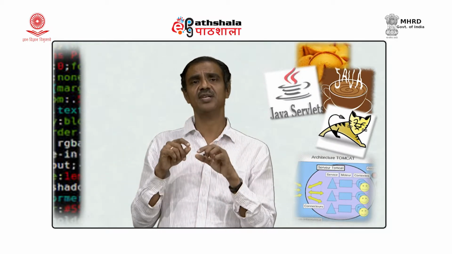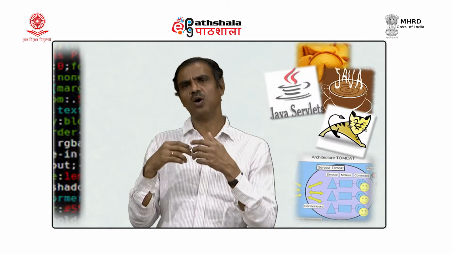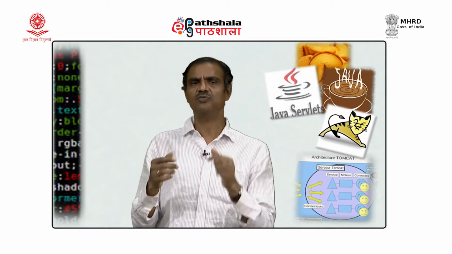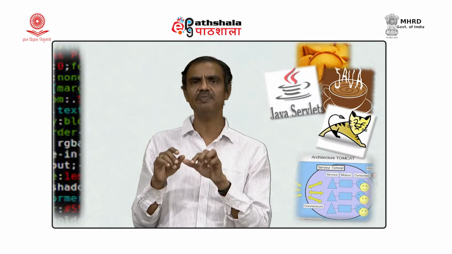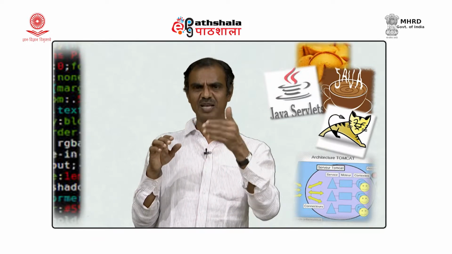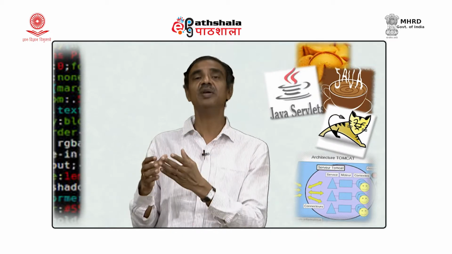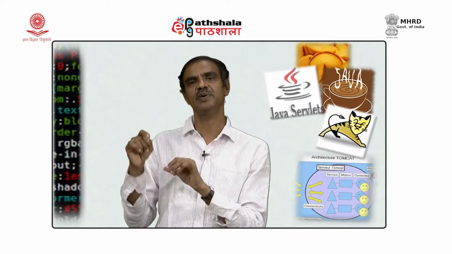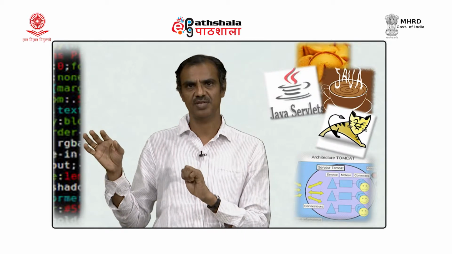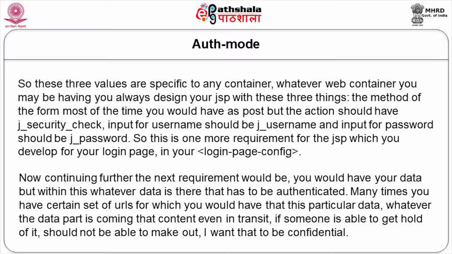And then we will also have a password field. For the password field, you will say input type equal to password, and the name should always be j_password. So, these three values are specific to any web container, whatever web container you may be having.